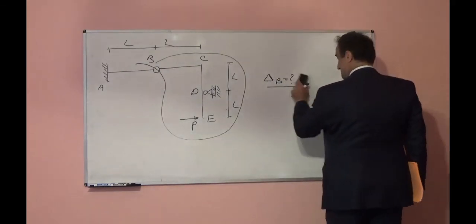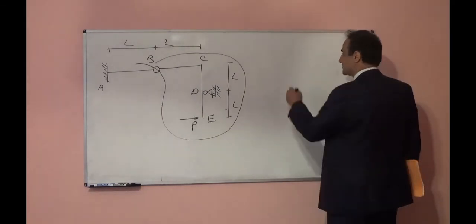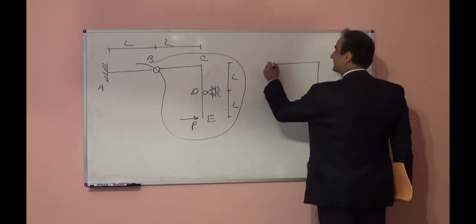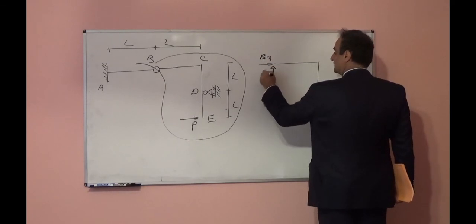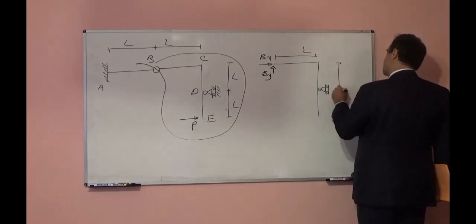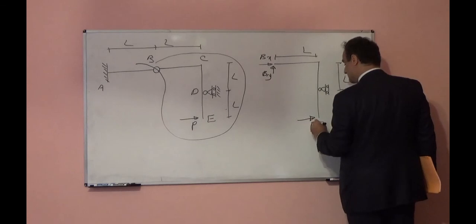Because for any action there is a reaction, equal and in the inverse direction. So if I cut this and I apply here Dx and Dy, this is L, L, L, you apply P here.